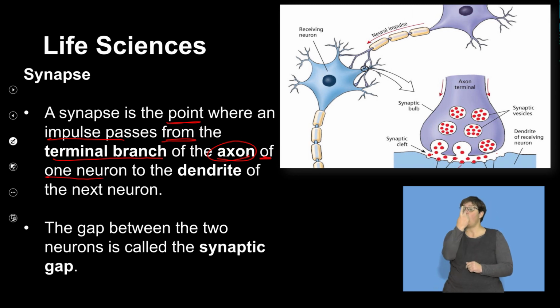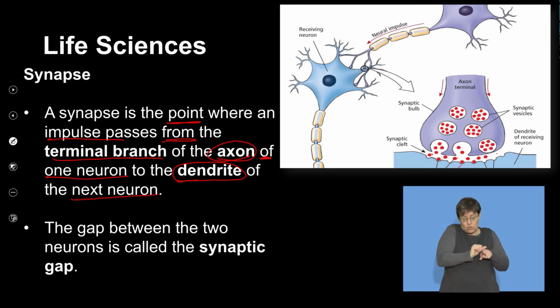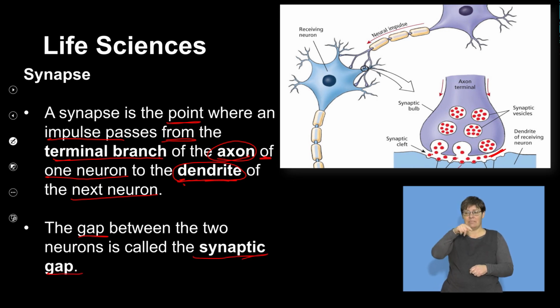From this neuron to another neuron. How? The terminal branch of the axon of that neuron to the dendrites of the next neuron. Then we're talking about this gap, this opening here. This gap between the neurons, we refer to it as the synaptic gap.